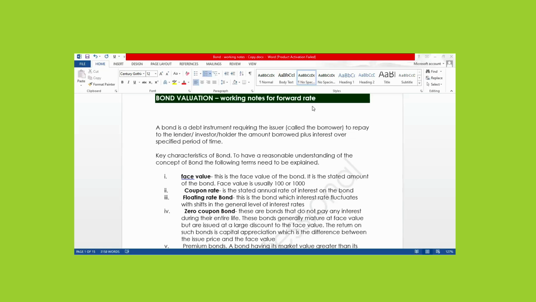The interest rate paid in year 1 may be different from the interest rate paid in year 2, in year 3.